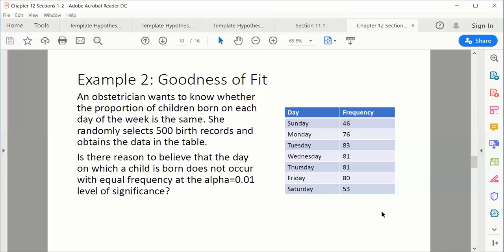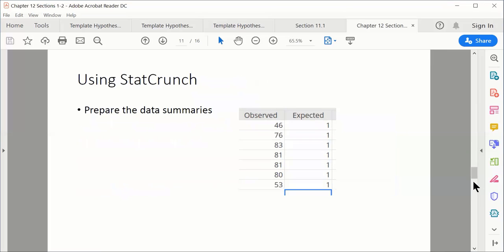Now, me just looking at the table, which I did, I said it looks like there's less births on weekends. So that's really what she's looking for, is it really different than every single day of the week? So the first thing you do is prepare your data summary, your observed and your expected in StatCrunch.